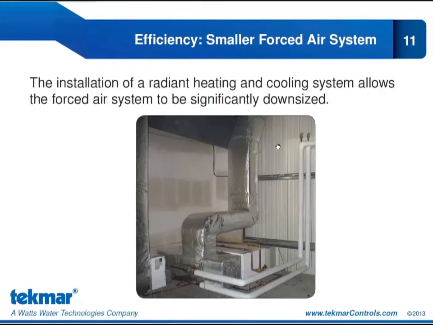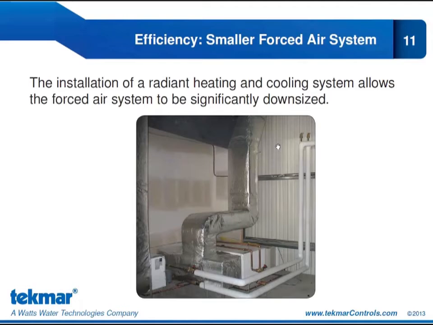The final point that speaks to the efficiency of a radiant heating and cooling system is that we can downsize the forced air system. As we mentioned earlier, a forced air system is still needed to complement a radiant system, because in heating mode, we typically can't satisfy the needs of a building space with radiant heating alone. And in radiant cooling, we can only address the sensible cooling.